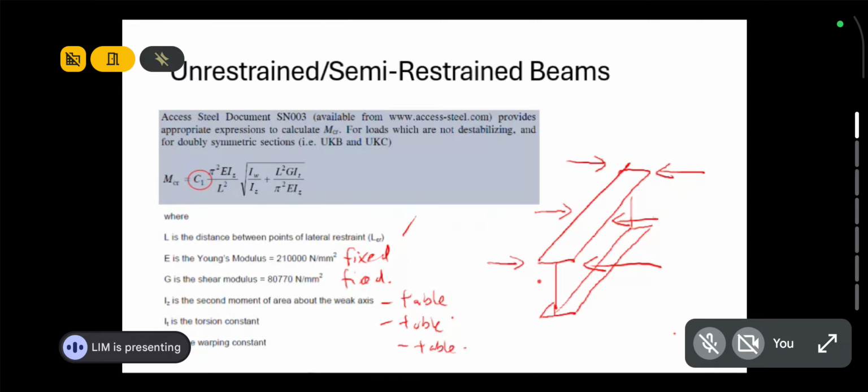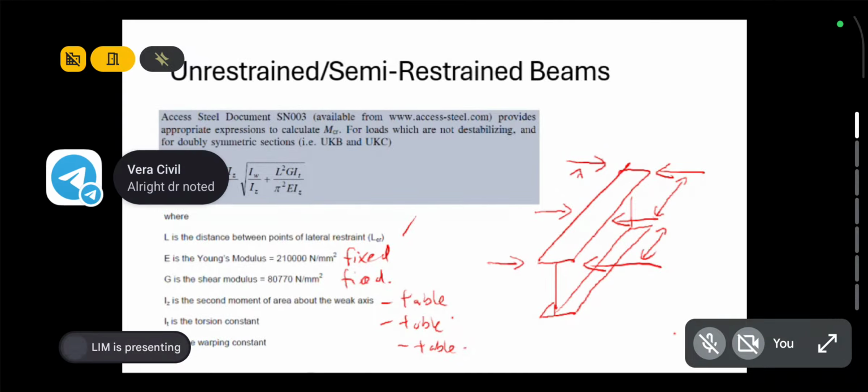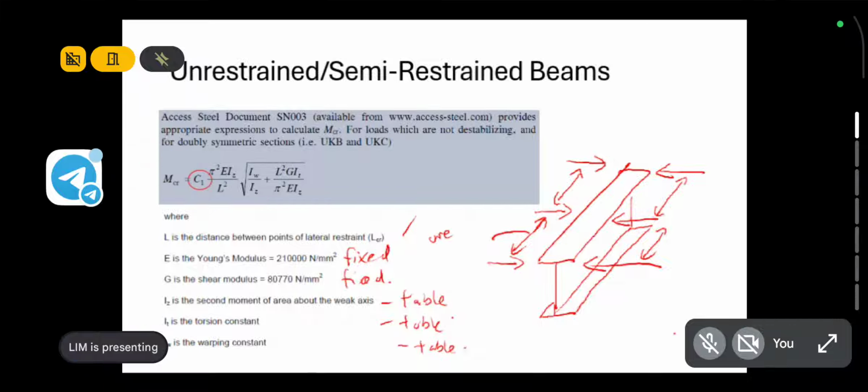So basically what that means is anything in between, that length there, that length there, this is unrestrained. That is the L you want. It's basically the length between the restraints.